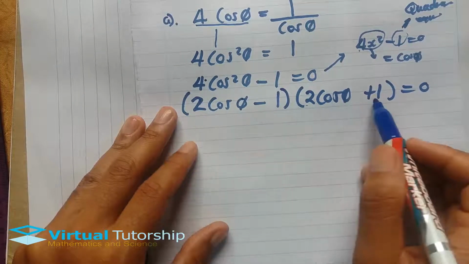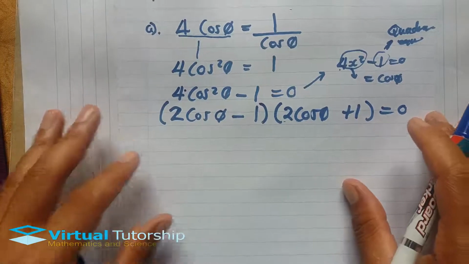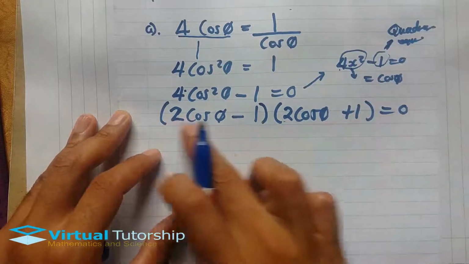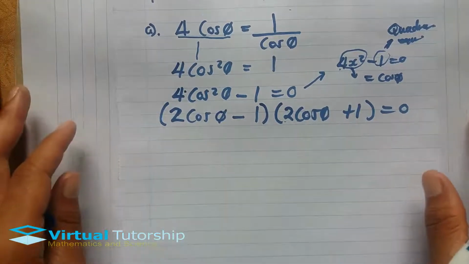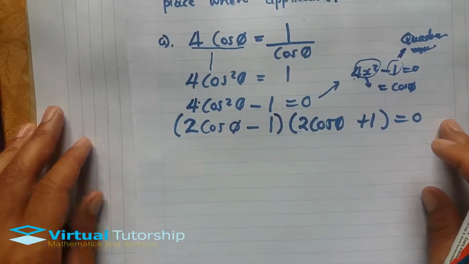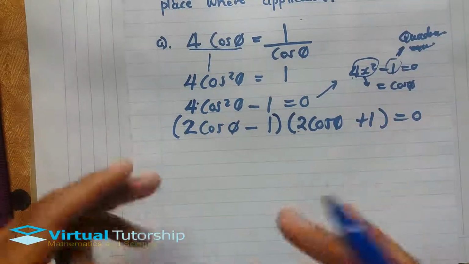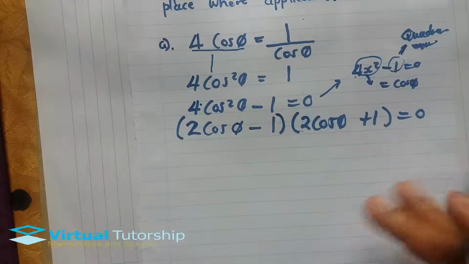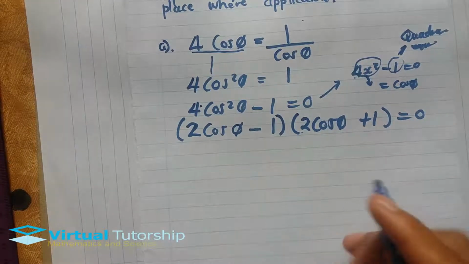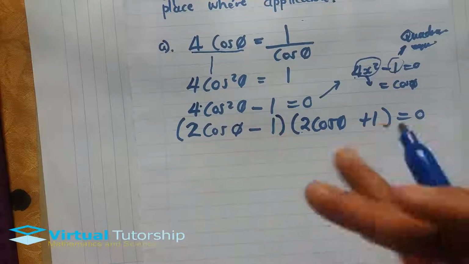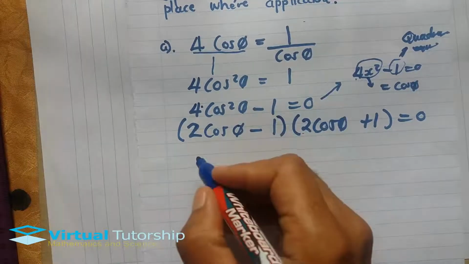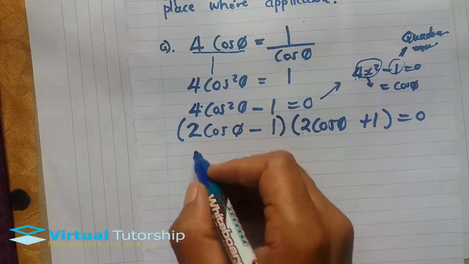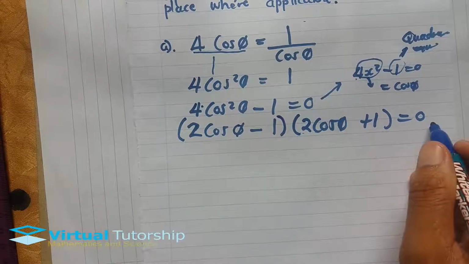Check in the description below where I teach factorization. In this video I don't want to dwell on teaching factorization; I want to show how to solve trigonometric equations, but in the description below you will find all the necessary tools for solving them. So let's continue. We have 2 brackets which are equal to 0.